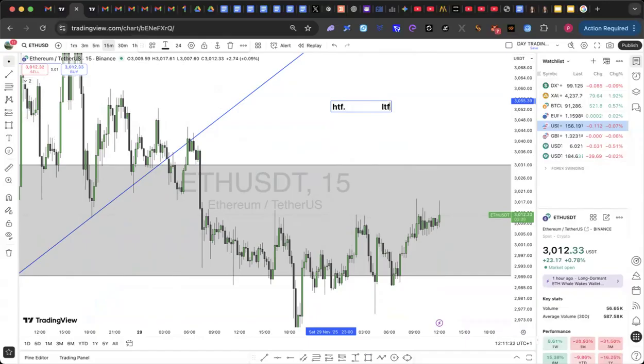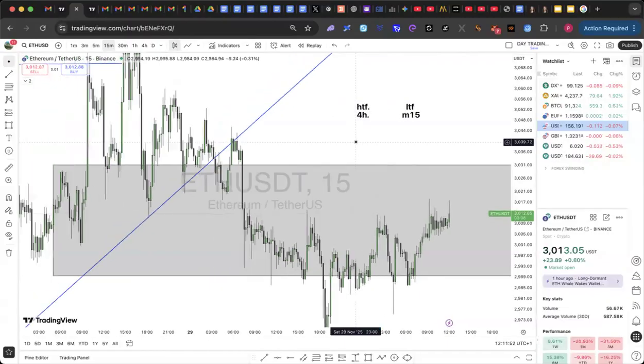Okay, you see what I want to do? 4H, probably M15. Okay, so let's do it this way. This is what you're supposed to be looking at. Since you are trading as an intraday trader or day trader, you know what you're looking for.